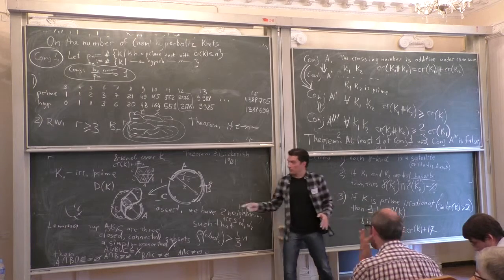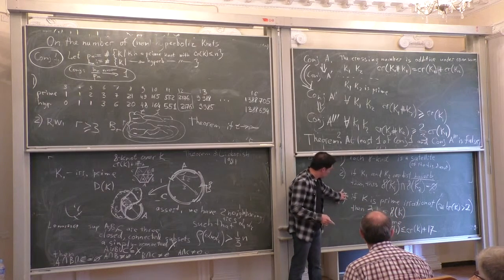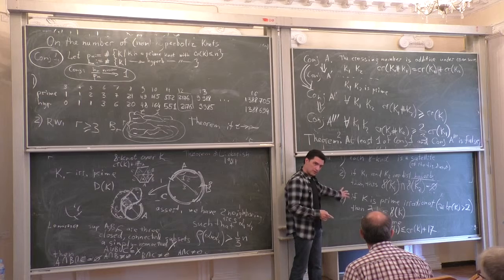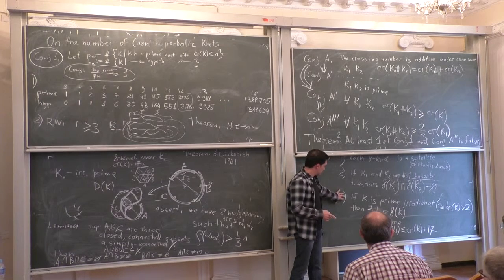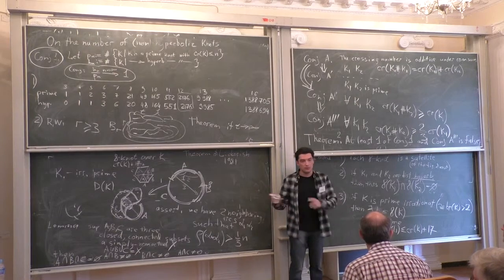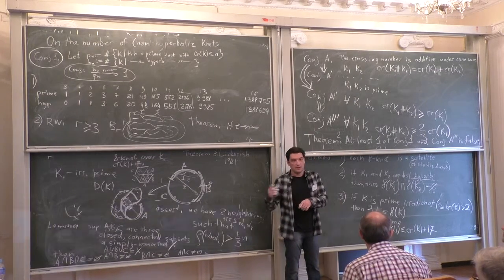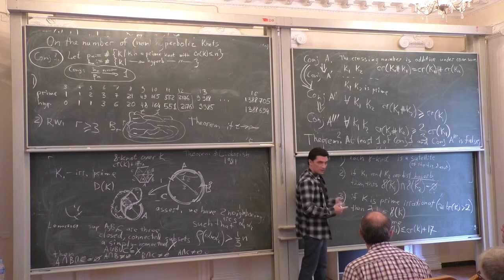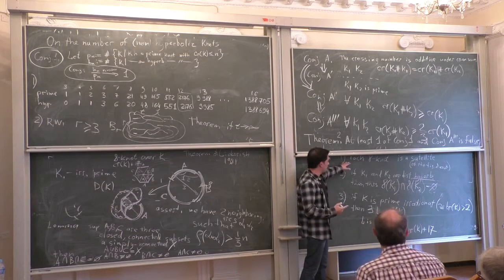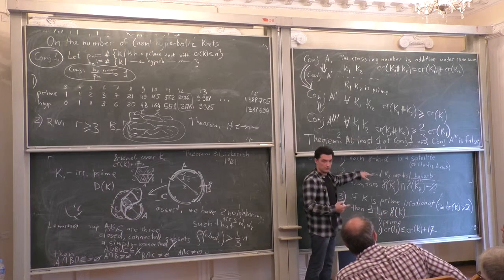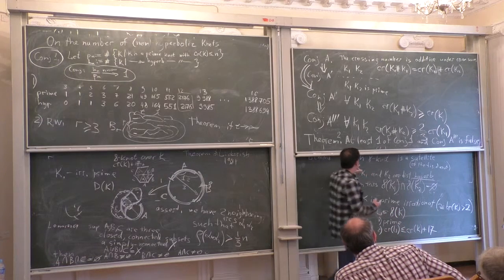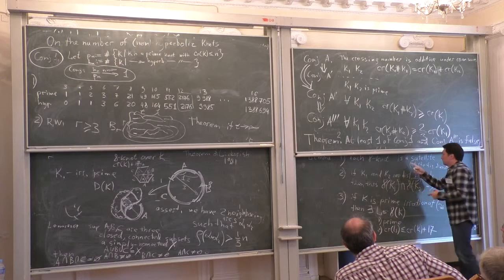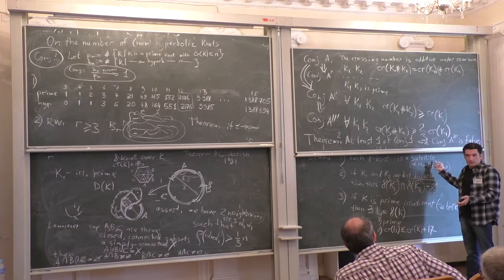But to prove point 3, I don't need co-orientation, but I need co-orientation to see all of the lemma. So here I'm considering only figure 8 knots, because if it's not co-oriented, maybe it's not a satellite.